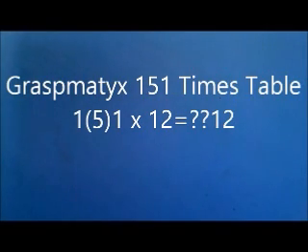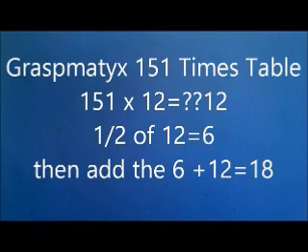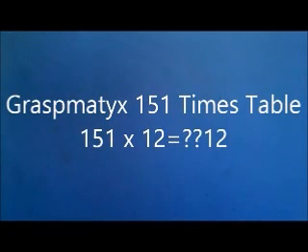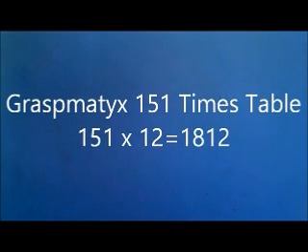So we're finding now the half of the 12, and the half of 12 would be 6. You will now add that 6 to the 12 and you get 18. So we'll fill it in right in the question marks there, and our answer will be 151 times 12 equals 1812. That's how we do it in the Grassmatics program.